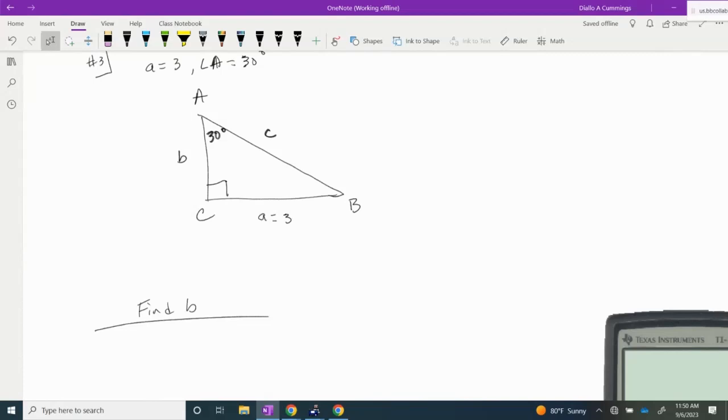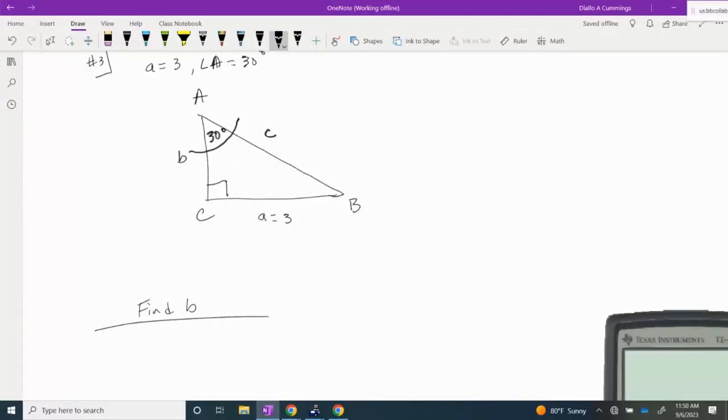So that means we have to set up a trig function. In order to set up a trig function, we must establish a reference angle. In this case, I'm going to establish angle A as the reference angle, and I'm going to label my sides according to that reference angle.